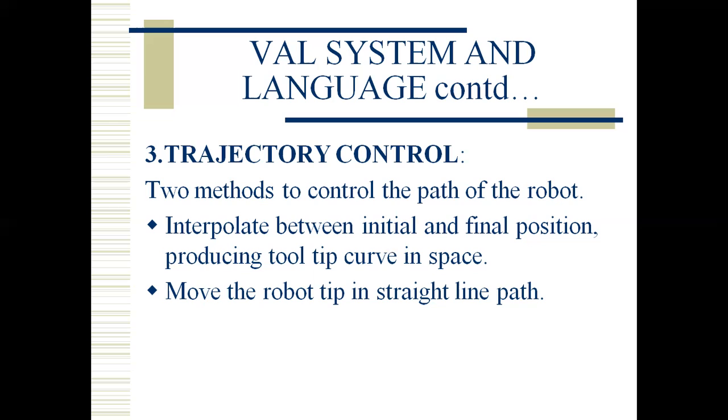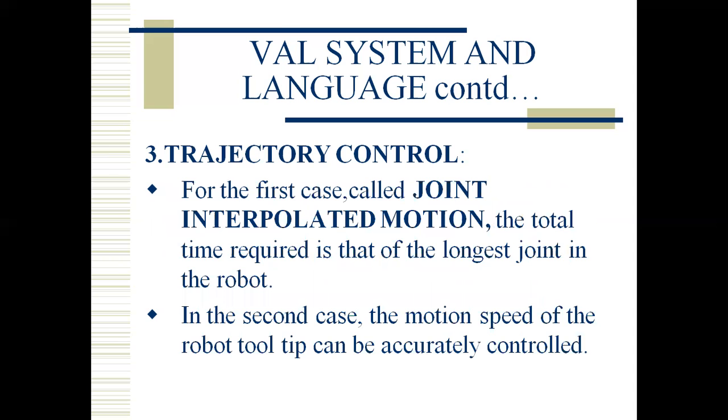If at all it deviates from the instruction set, the controller takes a major role so that the tool cuts in exact given dimensions, right? Either it may be in a straight line path, or the contour path, or in circular positions, whatever it may be as per the given programming.